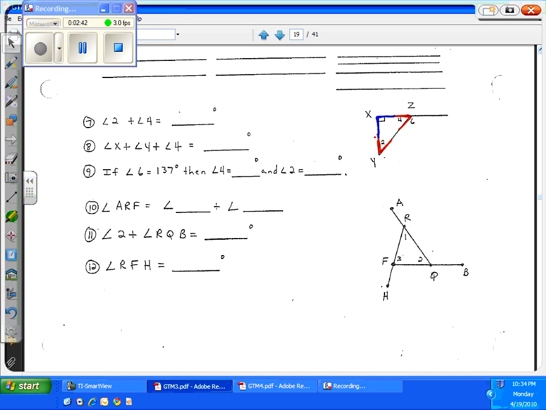One of the corollaries from Theorem 311, which says the sum of the angles of a triangle is 180, tells us that the acute angles of a right triangle are complementary, and we know that complementary angles are 2 angles whose measures have the sum of 90 degrees. So we conclude there that angle 2 plus angle 4 is equal to 90 degrees.